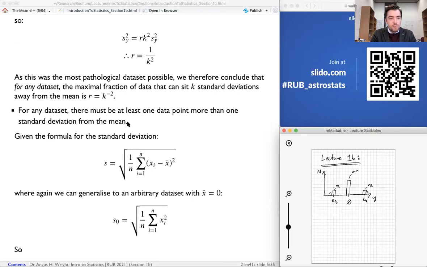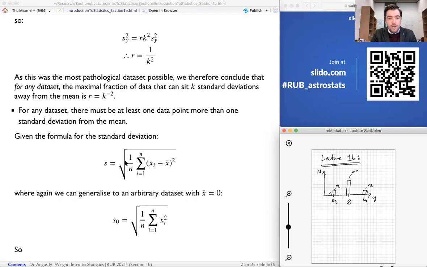The next property that we're going to look at is that for any data set, there has to be at least one data point that exists one or more standard deviations from the mean. So we just demonstrated that there is a maximum number that can exist beyond a certain standard deviation. And we're now going to show that there is at least one data point that exists beyond one standard deviation.